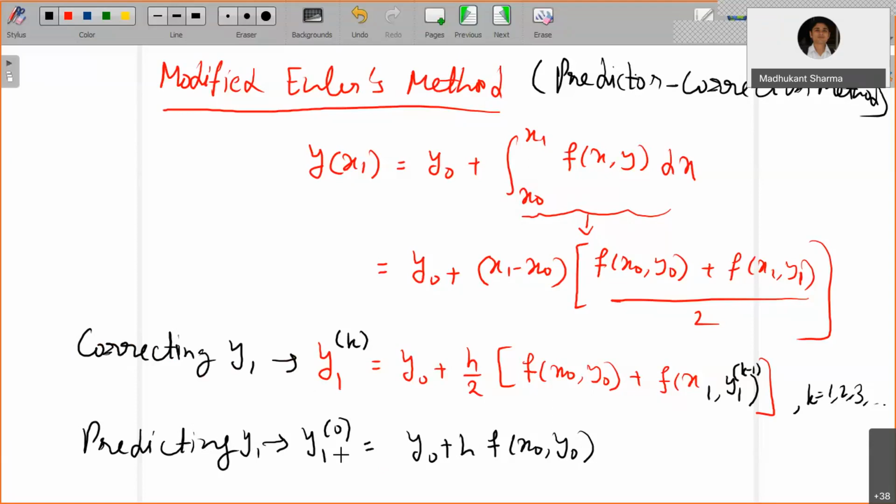This is why it is called a predictor corrector method. Once you get y1 0, the 0th approximation, for k equals 1 you get y1 1 by feeding y1 0 here. Then y1 2 you get by using y1 1 here when you take k equals 2, and so on.